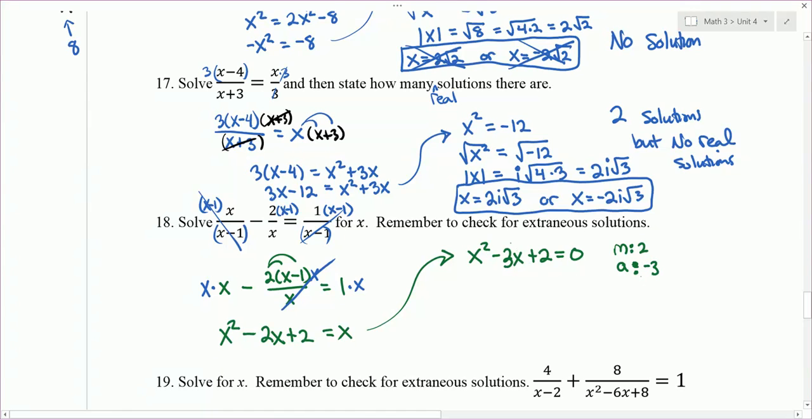Negative 2 and negative 1. So this factors to x minus 2 and x minus 1. And solving this, if x minus 2 is 0, you get x equals 2. And if x minus 1 is 0, you get x equals 1.